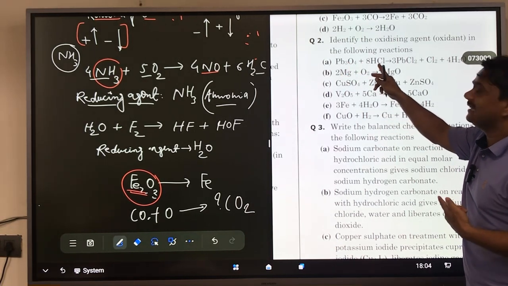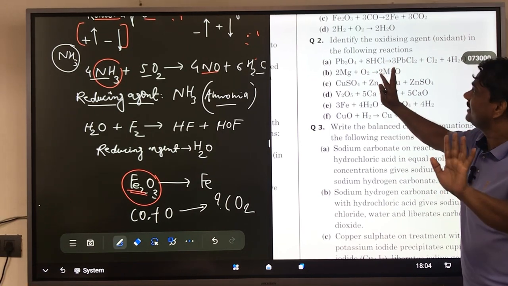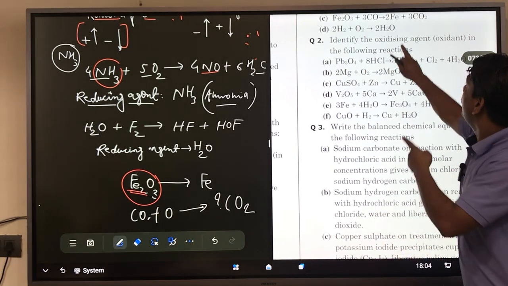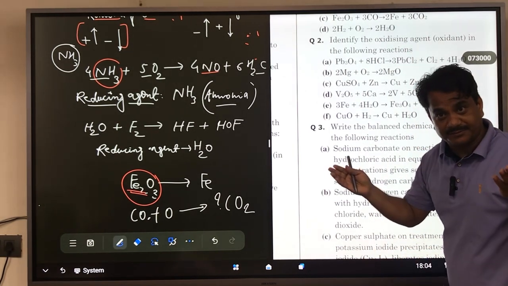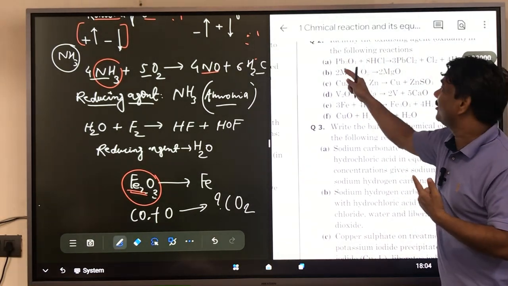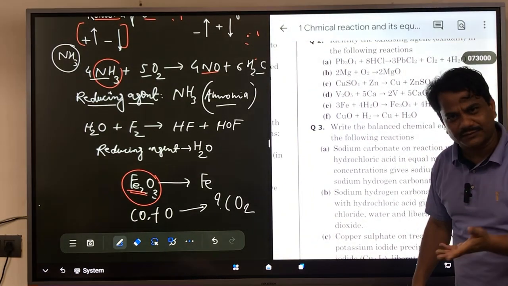Pb3O4 plus 8 HCl, that is, Pb3O4 reacting with HCl. First we'll see on the basis of the oxygen donor atom. Oxidizing agent means an oxygen donor system which has a large number of oxygen atoms. Sir, obviously Pb3O4 has. Will it give oxygen atom? Obviously, sir, it will give oxygen atom.